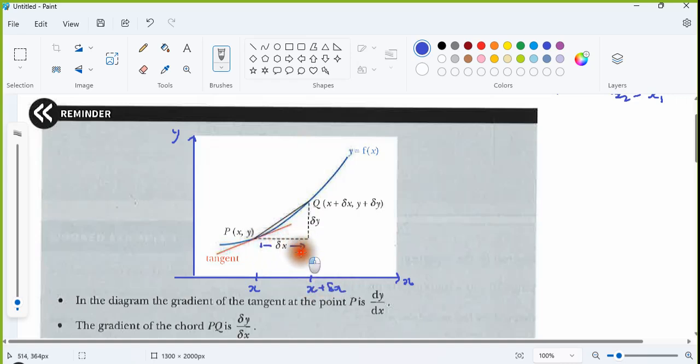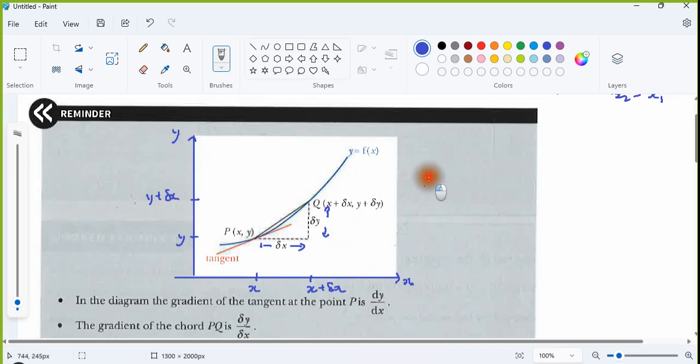So the base here is del x, and we have y and y plus del y, and the height here is del y.